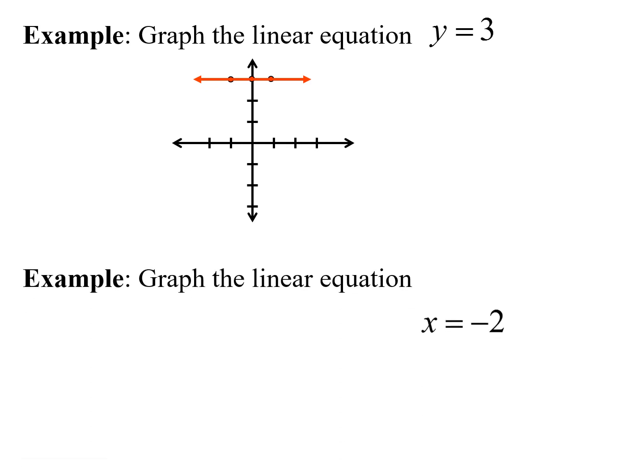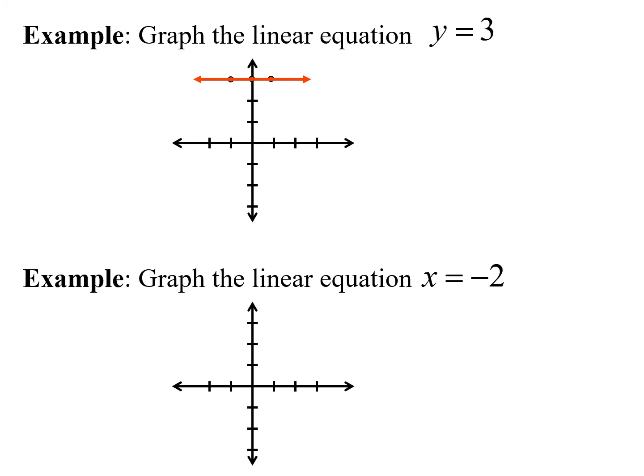Now let's take a look at graphing the equation x equals -2. Here, there's nothing to determine what y will be. Therefore, it doesn't matter what y is. If y is +1, x is going to be -2. If y is +2, x is still going to be -2.